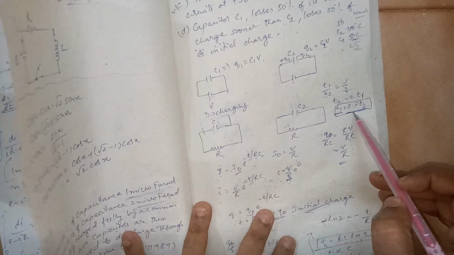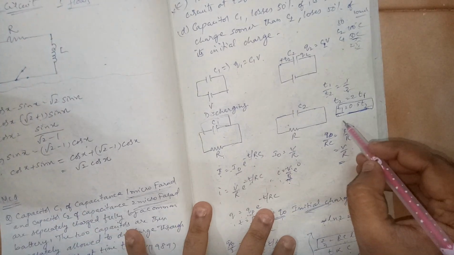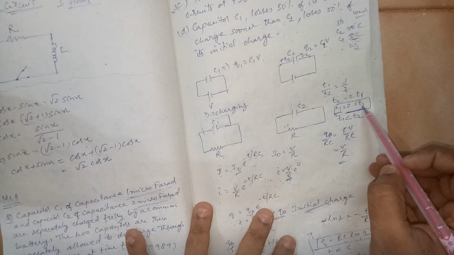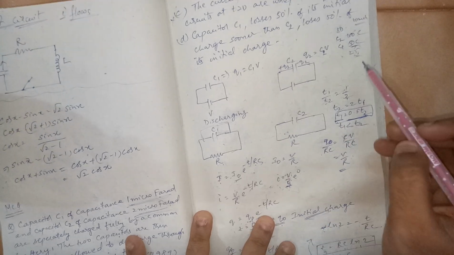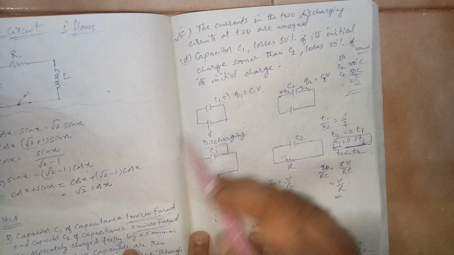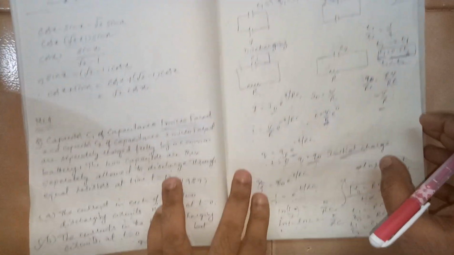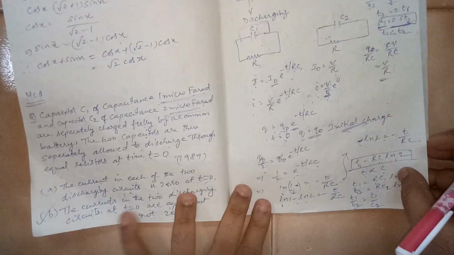If T1 is 0.5 times T2, T1 is definitely less than T2, isn't it? If you put T2 equal to 10, T1 is 5. This is originally what we were discussing, right? So option D is correct. This is the approach to solve this type of question.